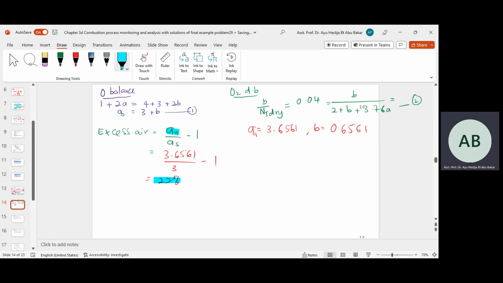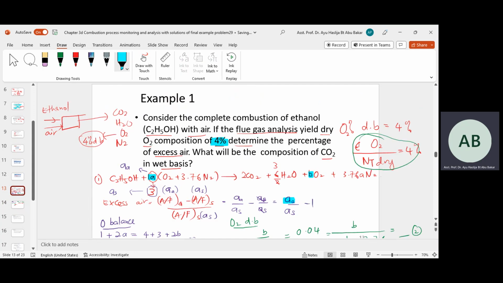Okay, that one is for excess air. Now the question wants you to also calculate the composition of CO2 in wet basis. Okay, CO2 in wet basis.